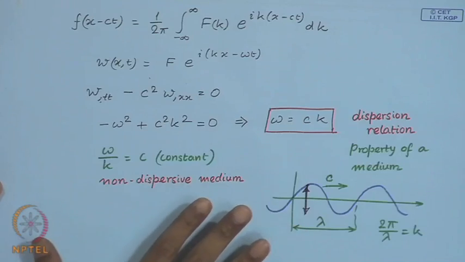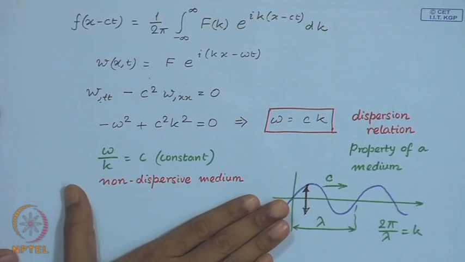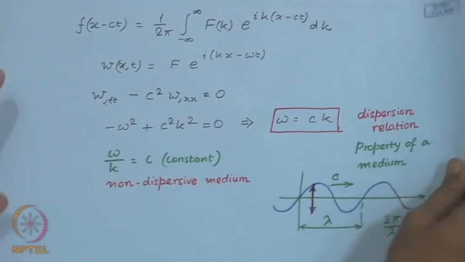Now, air is a non-dispersive medium. So, the sound that I am producing is reaching you with no distortion. Had it been a dispersive medium, then it would have been very different. So, that is dispersion. What we will be restricting ourselves to is non-dispersive medium for the moment.